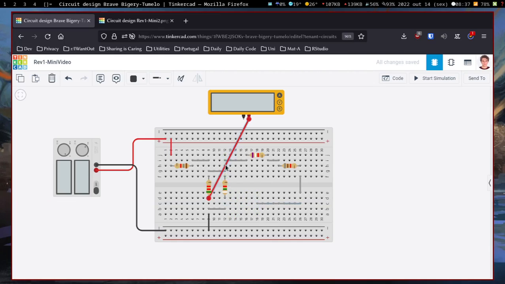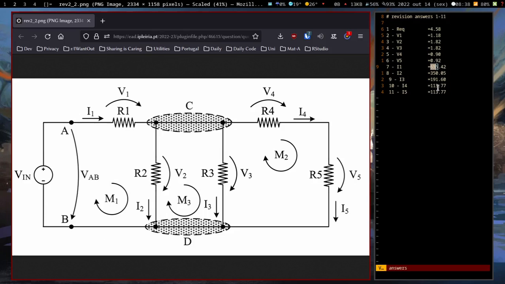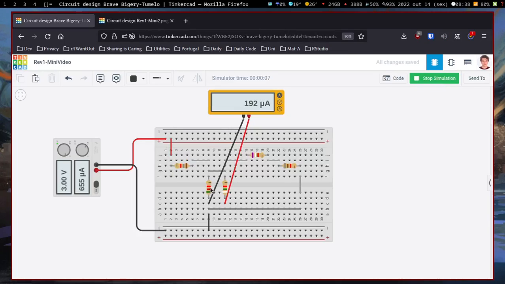Okay, now we hijack the current from here, and give it back here. I'm not sure if this will work, but we will try. I have 192.191.60. I have no idea where my teacher got these measurements from, but it's good enough.